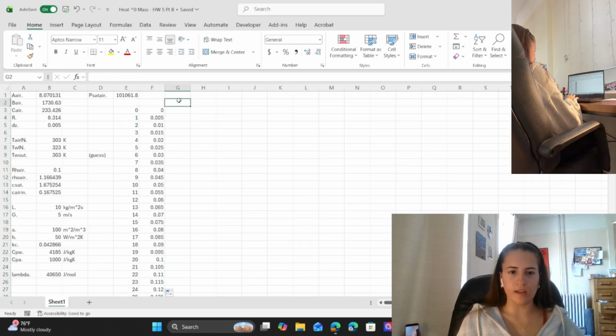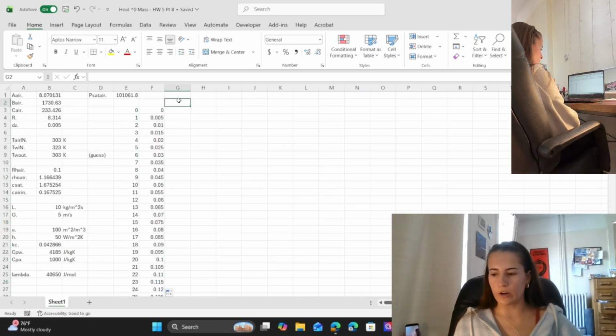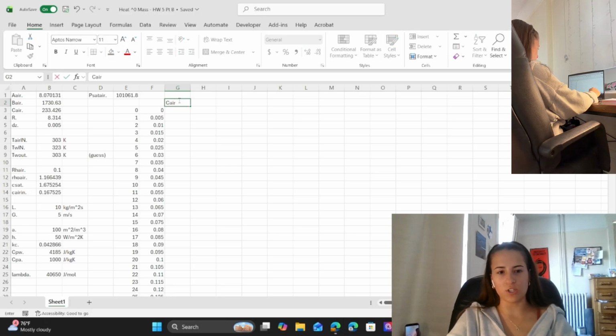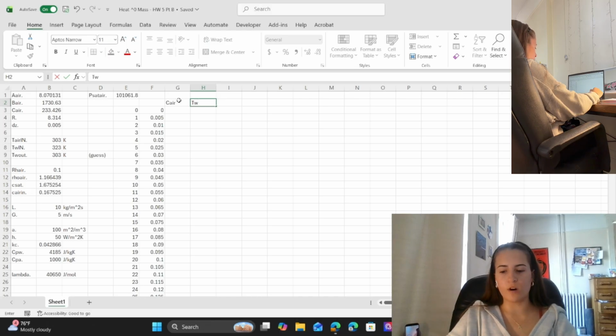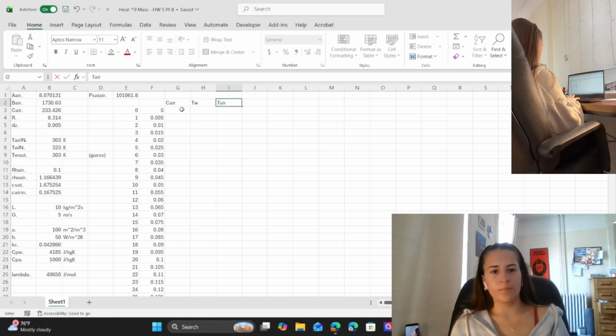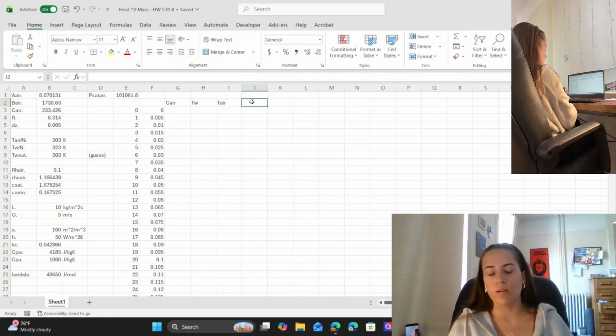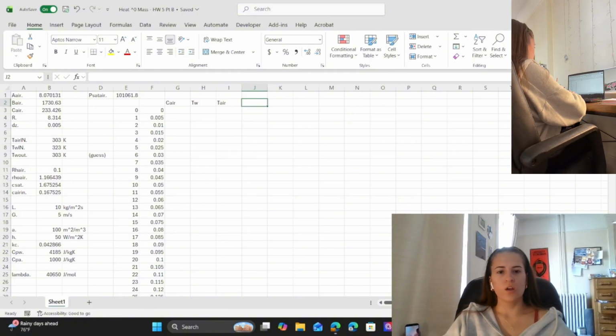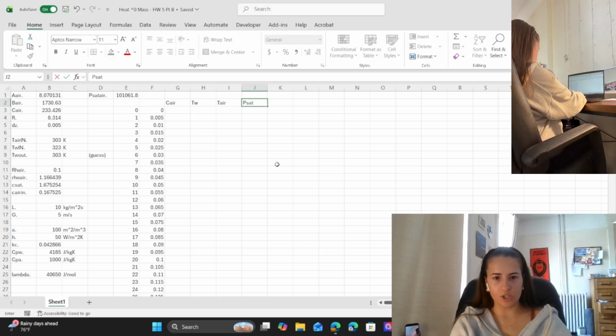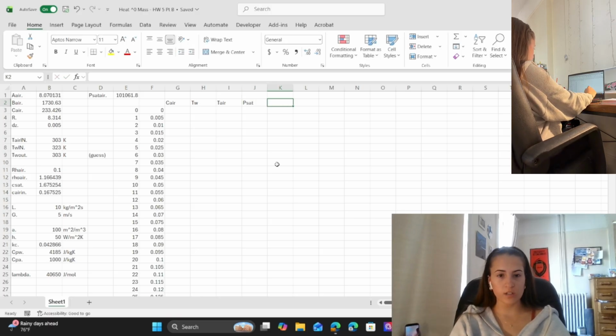And then the values that we're actually solving for, once again, are going to be the concentration of the water within the air, the temperature of the water, and the temperature of the air. So then here we'll begin to plug in those equations that we had solved for in the first part of this video. We also have to add the changes in saturation, so pressure saturation of the water.